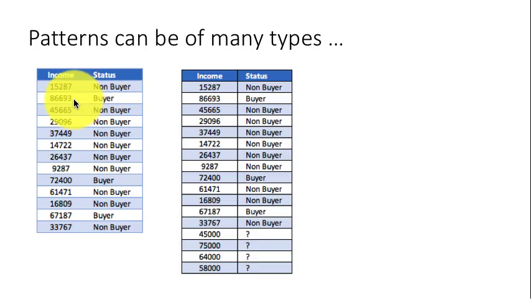The income was 86,693, that person bought the product, etc. So once again, like before, take a look at this data, take a little bit of time, and try to see if you can spot any way by which you can predict, based on the income, whether a person will buy the product or not. Again, I would strongly advise you to put in the effort, take a look at the data, and write down how you will determine the status based on the income. And then continue the video.